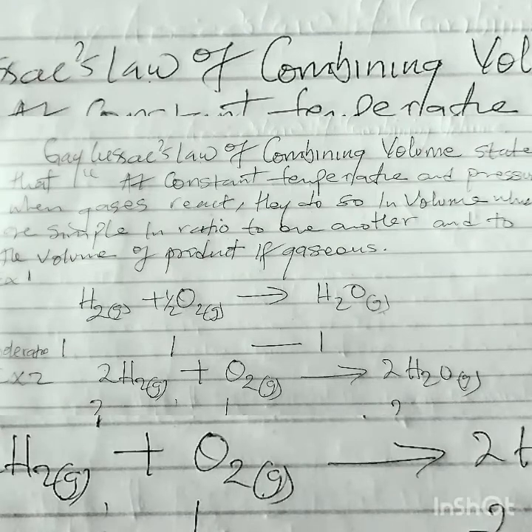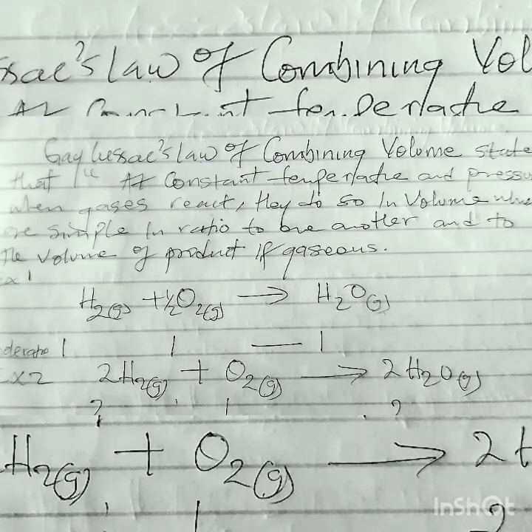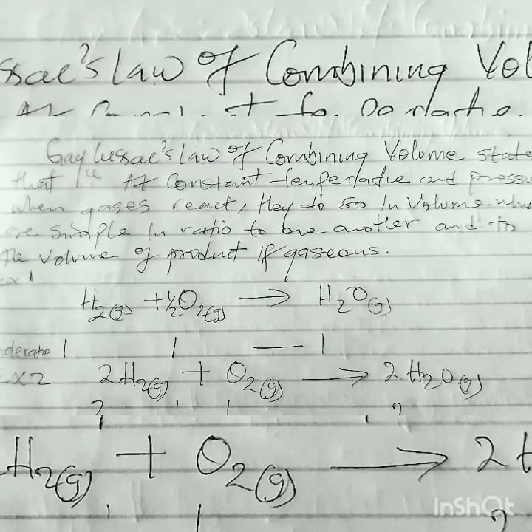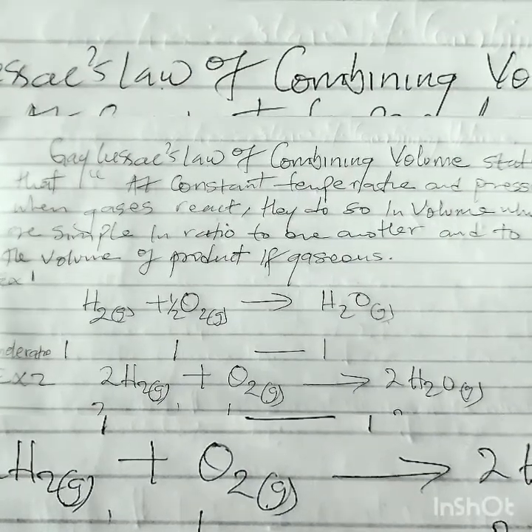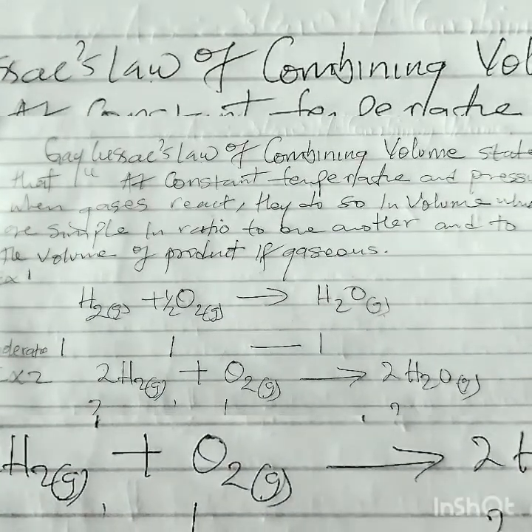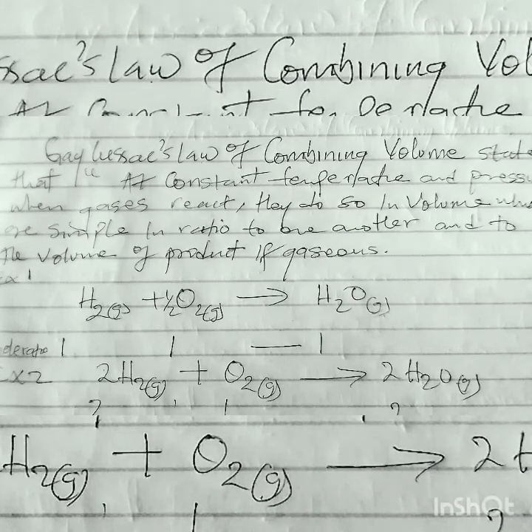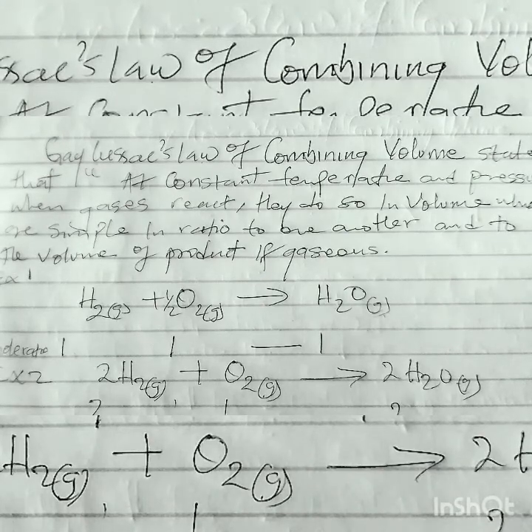According to what I have here, Gay-Lussac's law of combining volumes states, I quote: at constant temperature and pressure, when gases react, they do so in volumes which are in simple ratio to one another and to the volume of the product if gaseous.